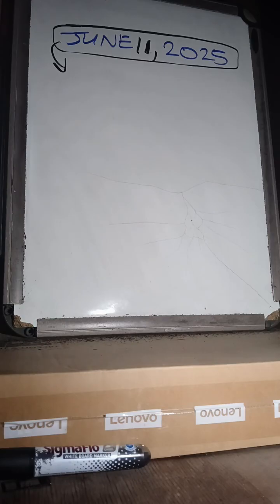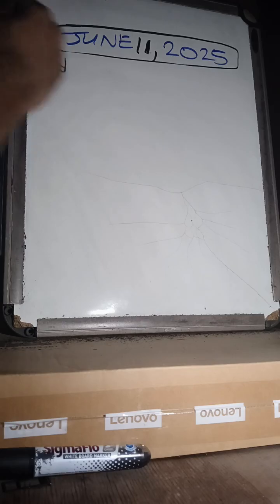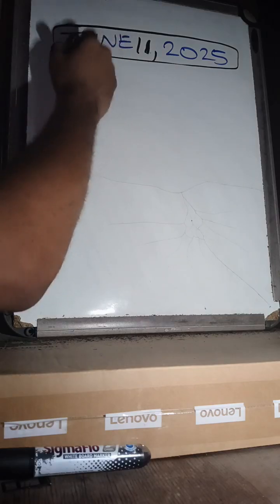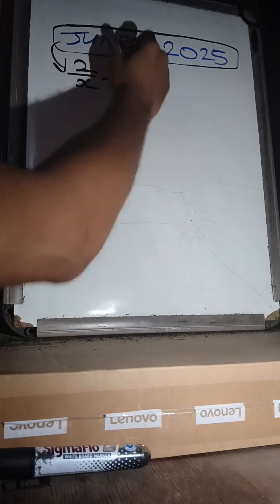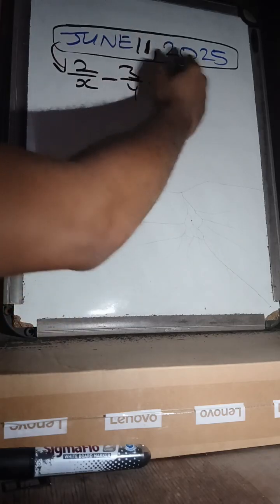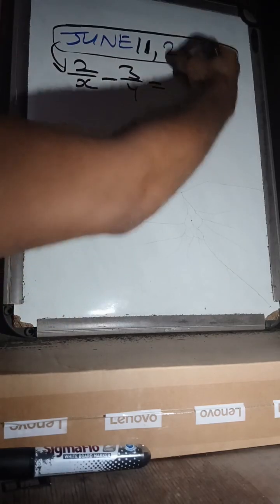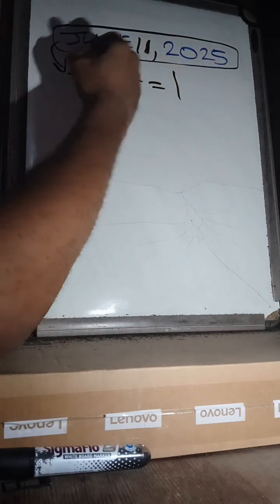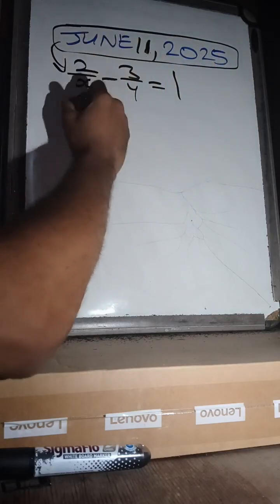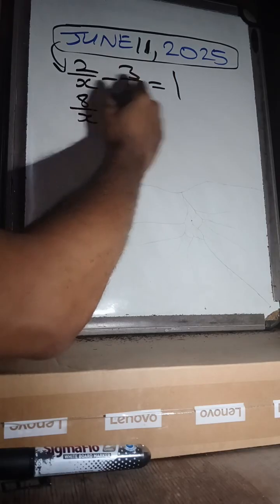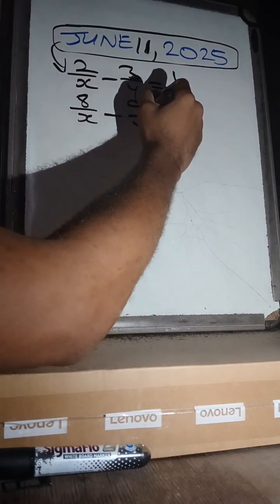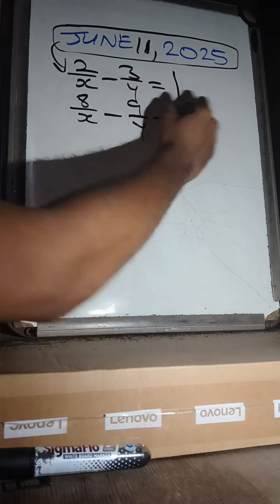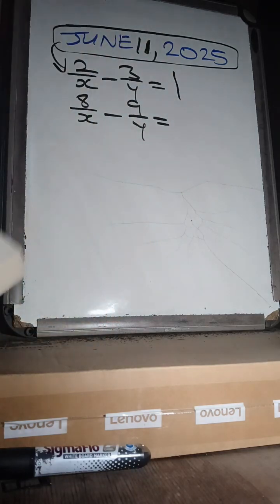What even is this? Okay, so we have 2 over x minus 3 over y is equal to 1, and 8 over x minus 9 over y. Hold on, let me not say that. Wait, is that 1?